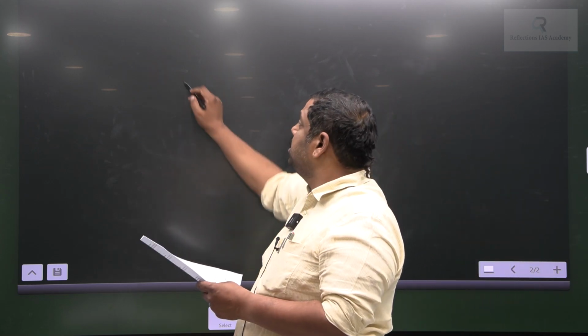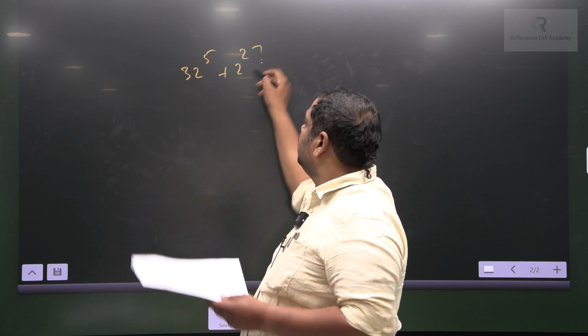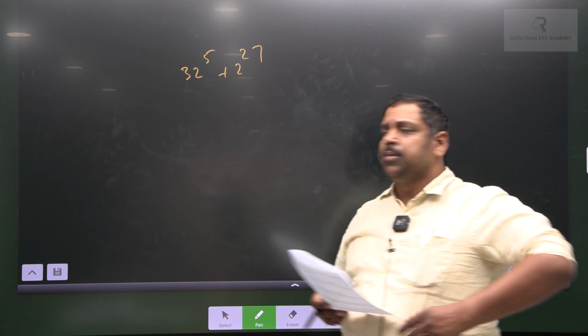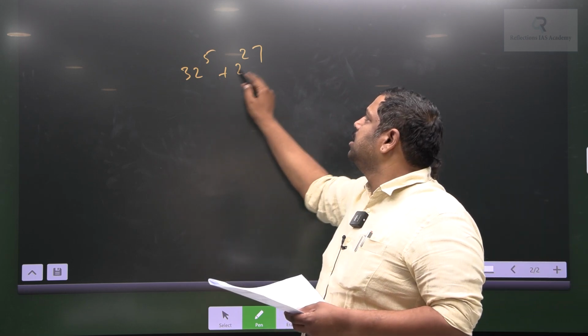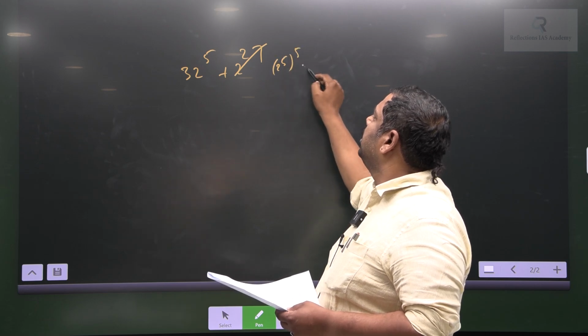Yeah, this is the funniest question actually. 32 power 5 plus 2 power 27. 32, can you write it as a power of 2? Yes or no? Okay. So then what happens here is, this one I'll write as 2 power 5 whole power 5 into 2 square.